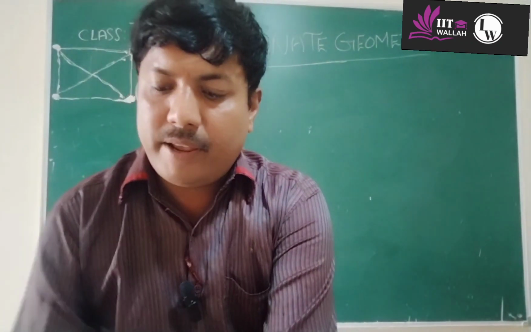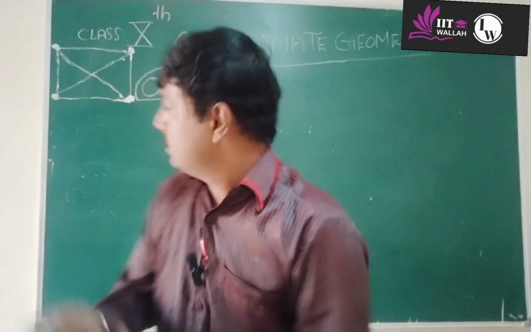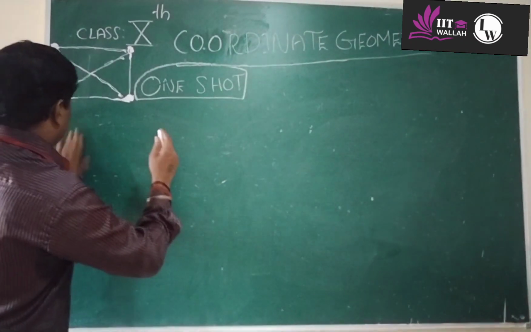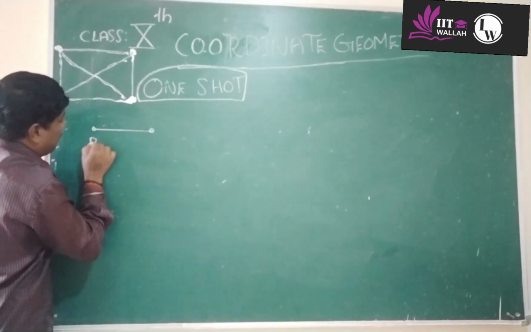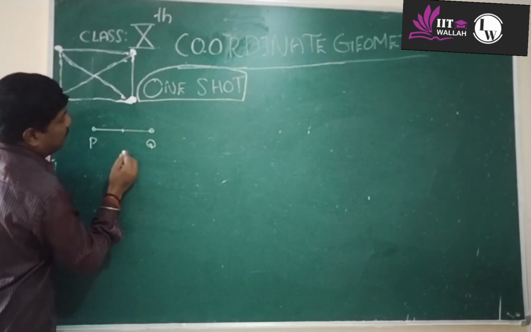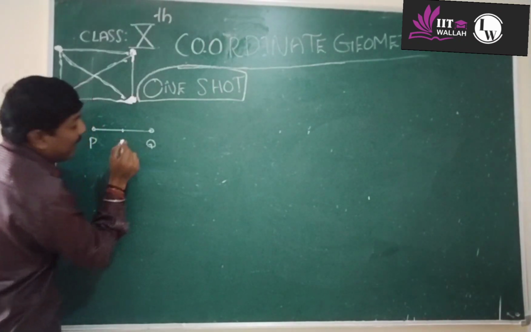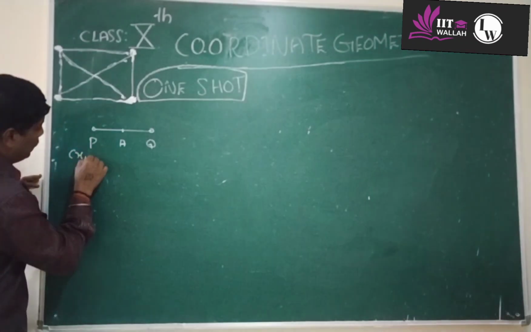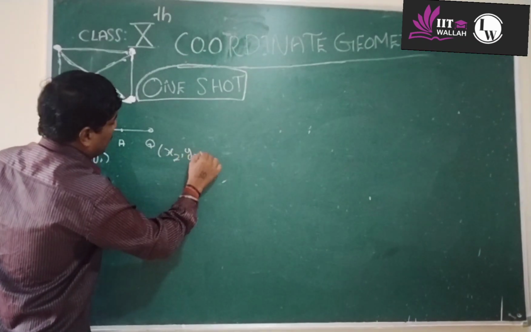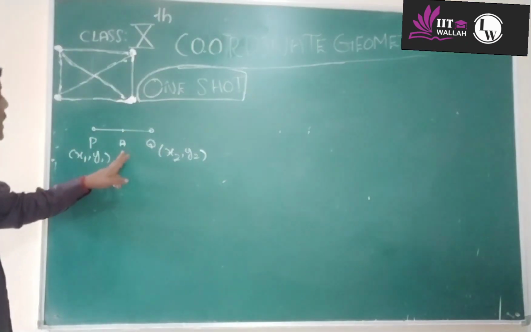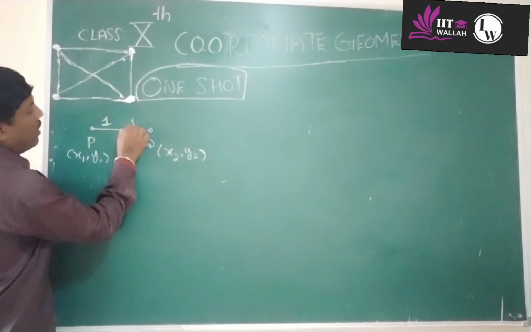Now we are going to check some examples. Suppose this is a line PQ. Suppose this point A is the midpoint of this. Then the coordinates of this will be according to section formula. Midpoint means the ratio is 1:1.